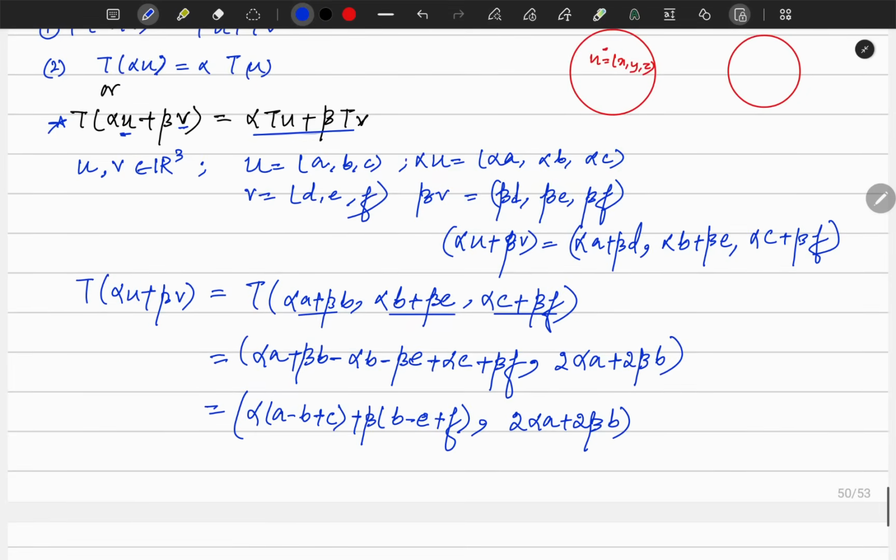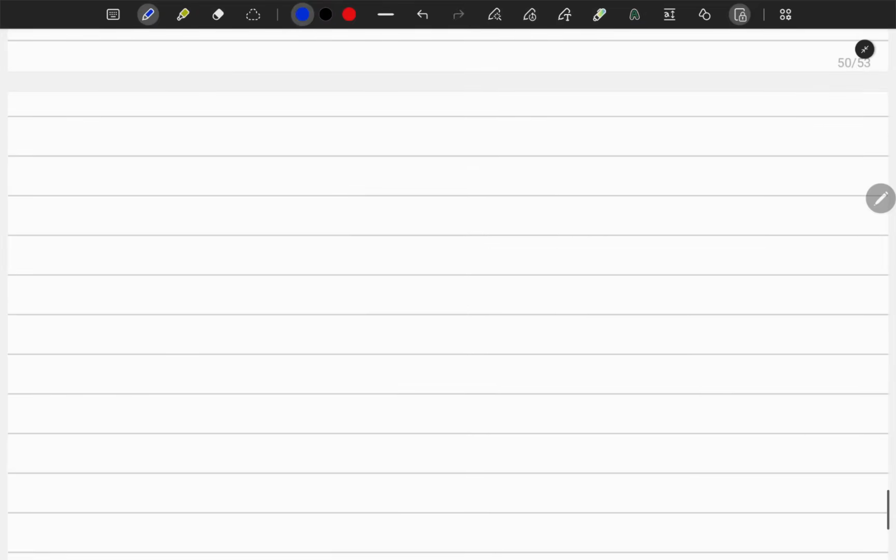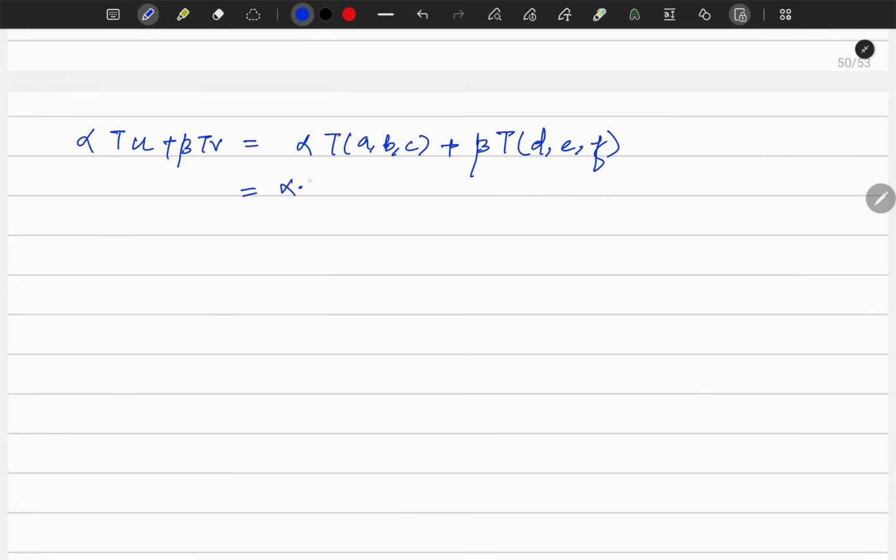Now check the RHS: alpha T of u plus beta T of v. That is alpha T of (a, b, c) plus beta T of (d, e, f). When you apply the T first, what will you get? (a minus b plus c, 2a). This is your x, this is your y, this is your z.